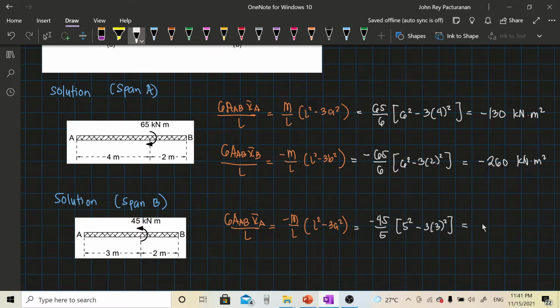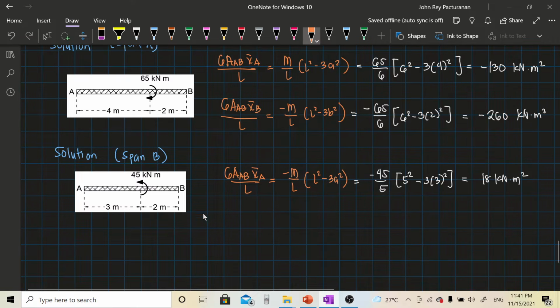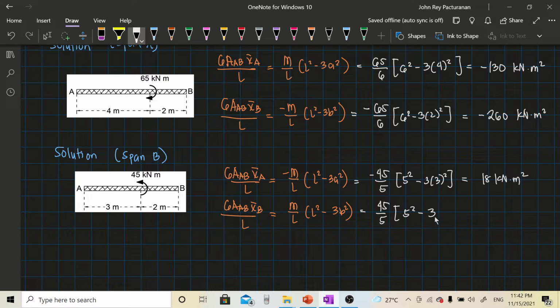And our answer is positive 18 kilonewton meter squared, while for the last one dito sa part na ito, yung 6AAB, centroid ng B over L is equal to, syempre, M over L na ng L squared minus 3B squared. So, pag sinubstitute natin siya, that is 45 over 5. Then the quantity 5 squared minus 3 2 squared because the B is 2 meter. Ang sagot natin dito ay 117 kilonewton meter squared. Okay?